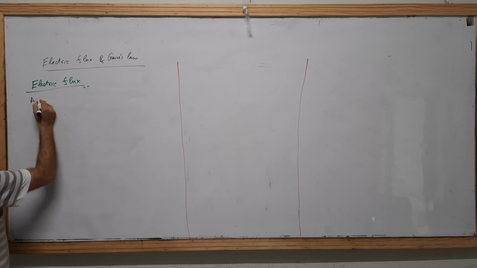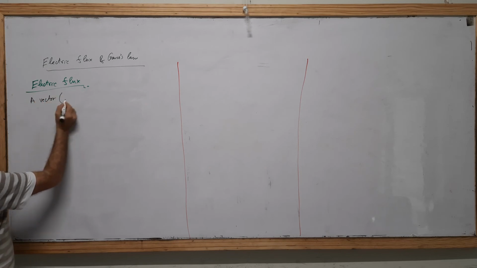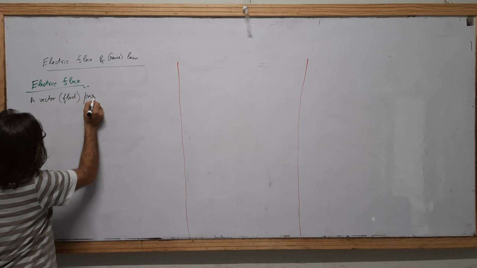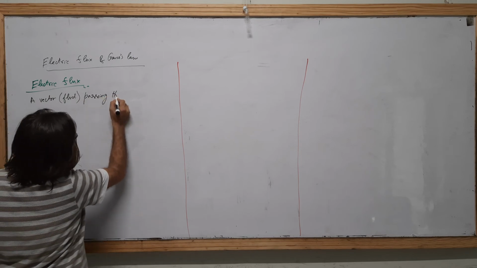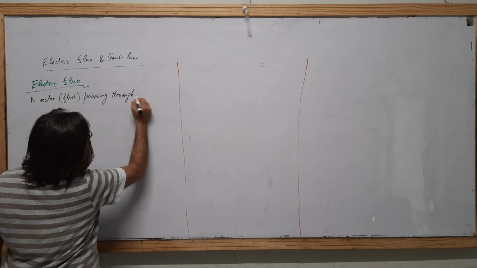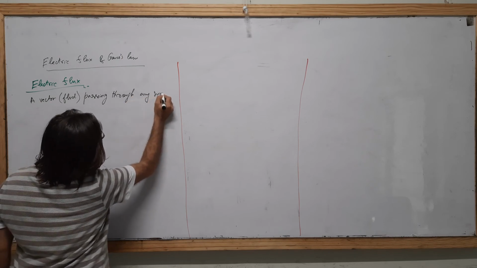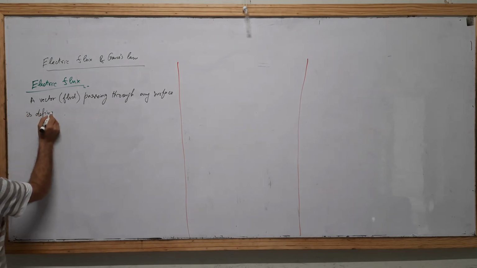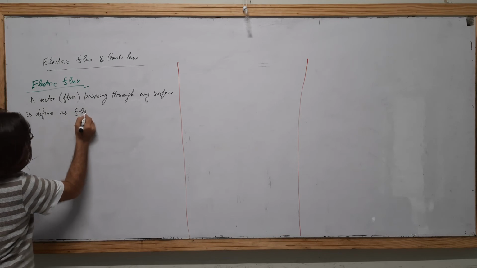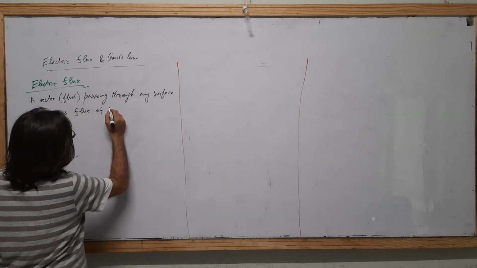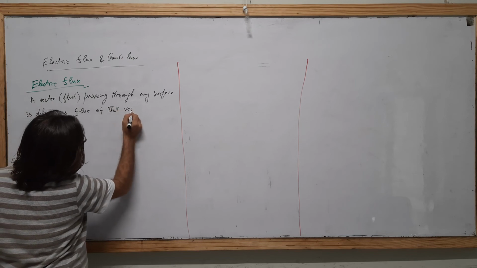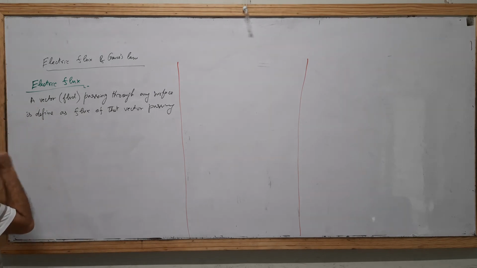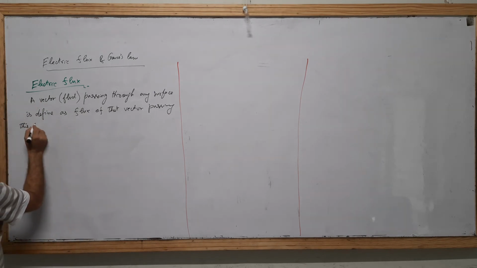A vector or fluid passing through any surface is defined as the flux of that vector passing through this surface.